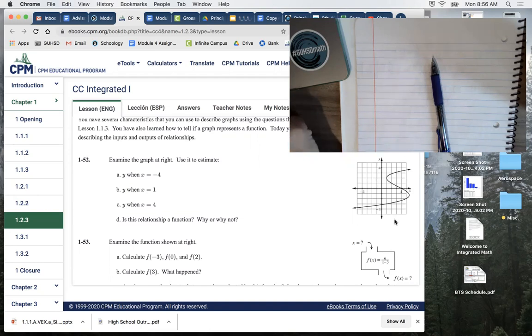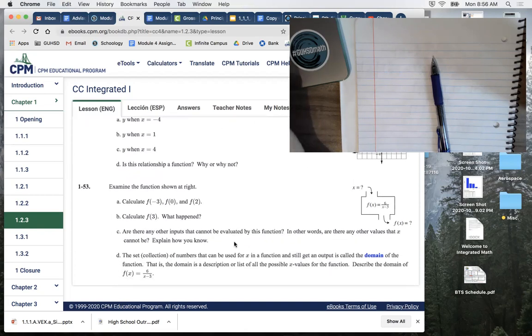So that right there, it's not a function. It asks, is it a function? The answer is no. It definitely fails that vertical line test, which is how I think of it because that's how I was taught it. But basically there are multiple outputs for the same input, multiple outputs for one single input.